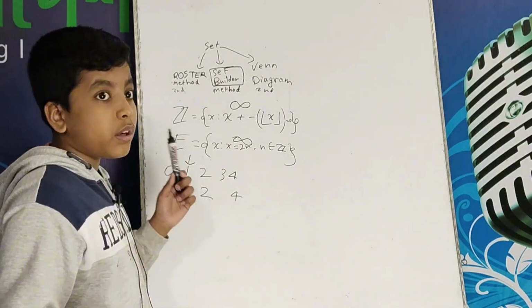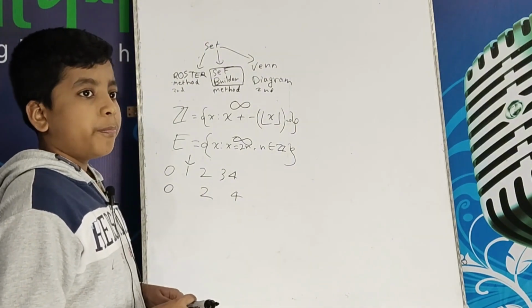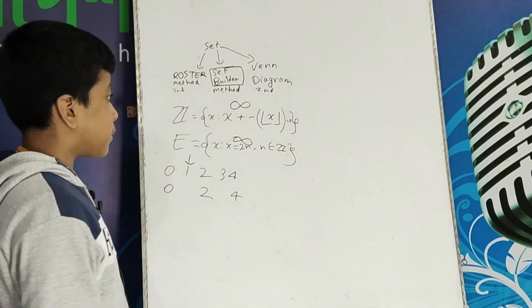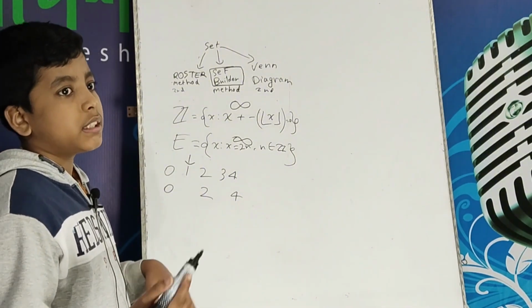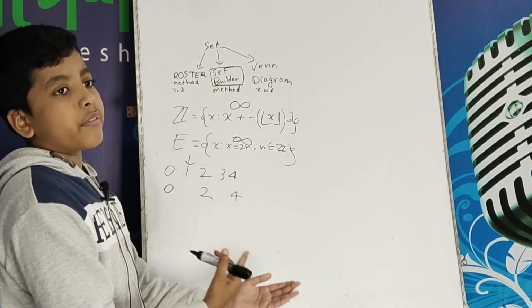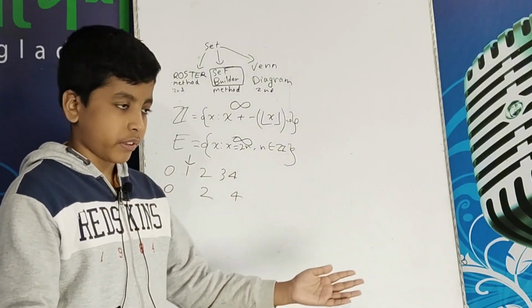These are called equivalent sets. Sets that have the same amount of elements. We can prove that two sets are equivalent by something called a one-to-one correspondence. If we can match up every single element of one set to every single element of another set, then those sets are equivalent.